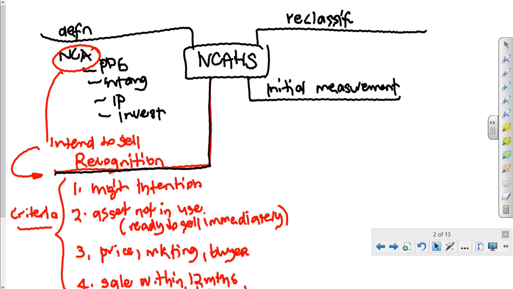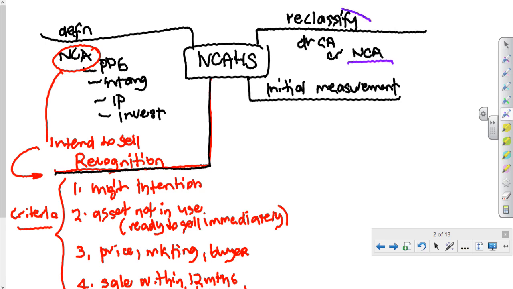And reclassify is just a journal where we're going to debit current assets and credit non-current assets. Yeah, it's just the reclassification. Agreed? I need to move this non-current asset that was PPE or investment property or investments, and I need to move it from the top of my financial position down to the bottom.